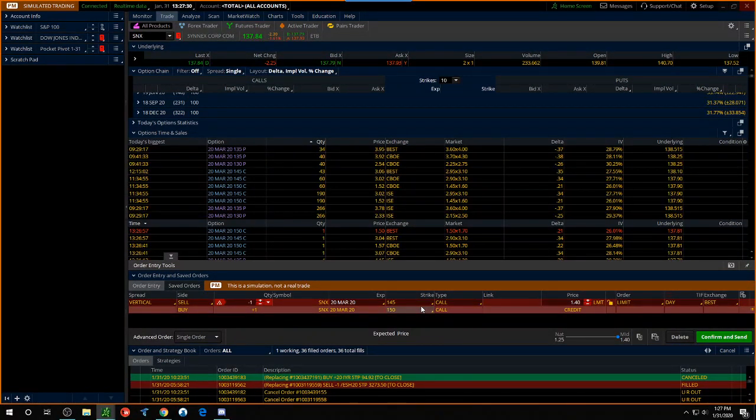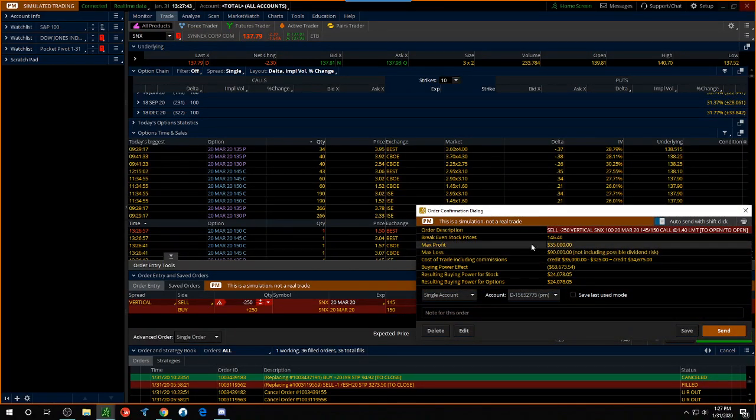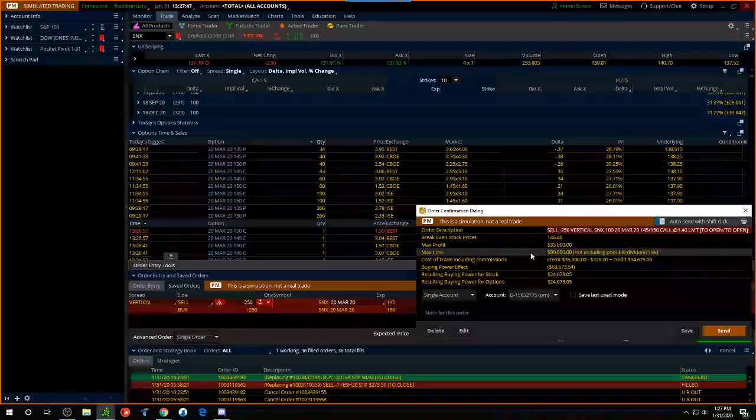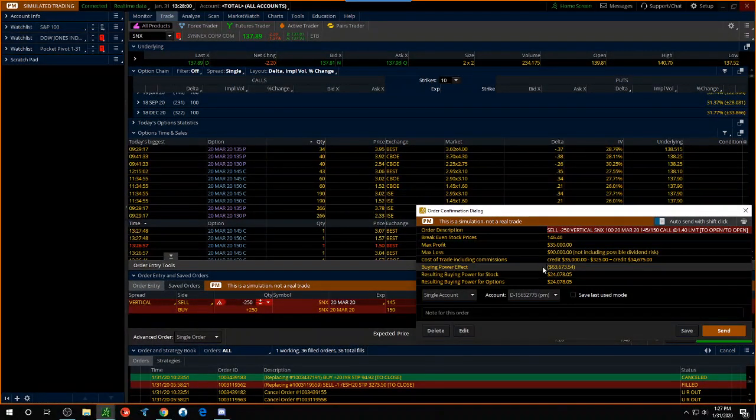They're expecting the market to stay below 145. It's a bearish trade. And they took 250 of them. They're risking $90,000. In buying power, it's going to take them $63,000 to $600.